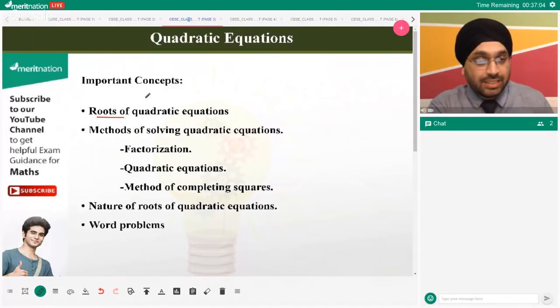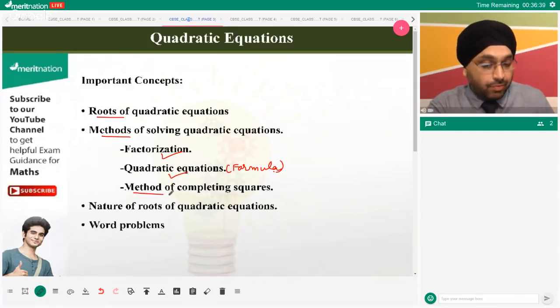We'll just discuss it, not in depth, but you need to be very thorough with it. Then we'll discuss one question related to each way of solving quadratic equations. The methods of solving a quadratic equation are the factorization method, the quadratic formula, and the method of completing the square. You just need to find the roots.